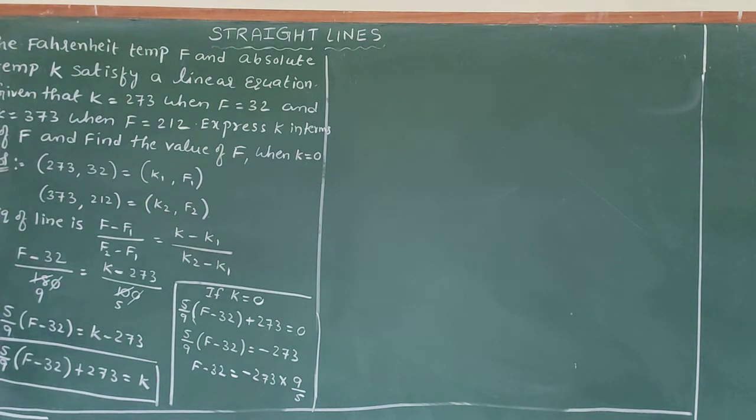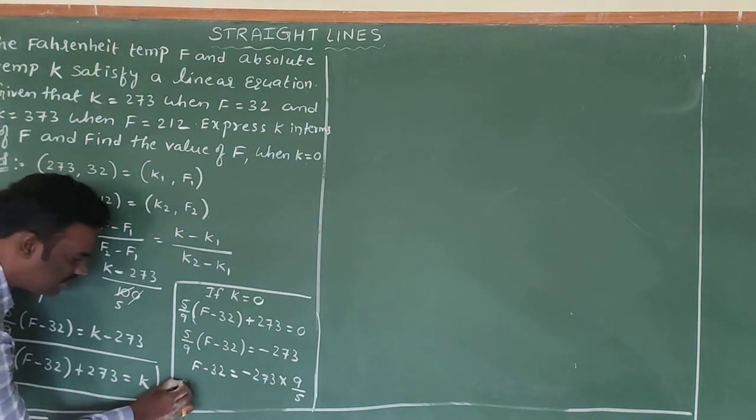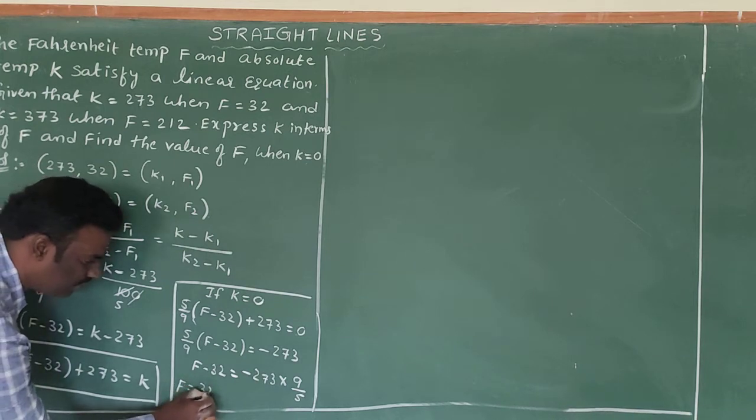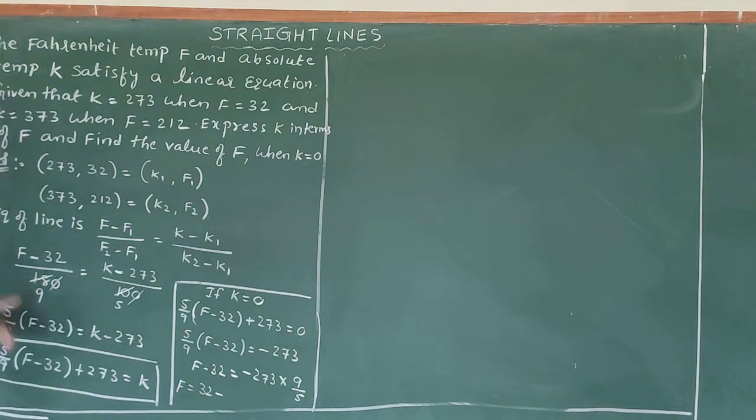Okay. Next, again you send minus 32 that side. F is equal to 32 minus 273 into 9 by 5. Here any cancellation? No cancellation.